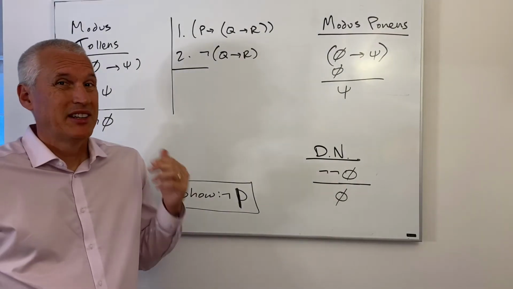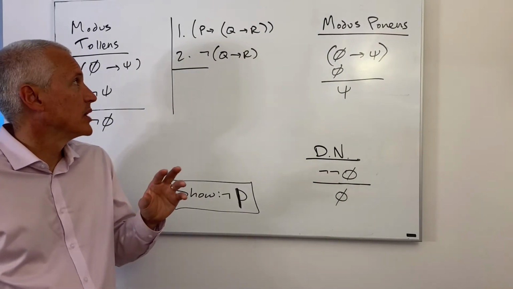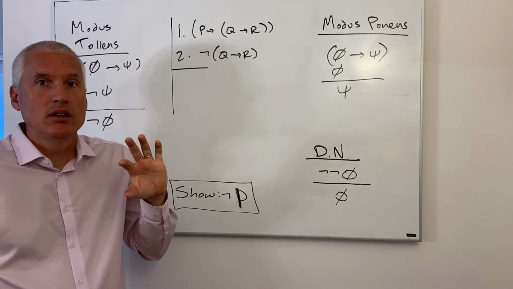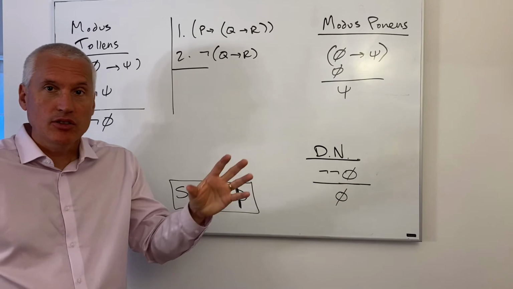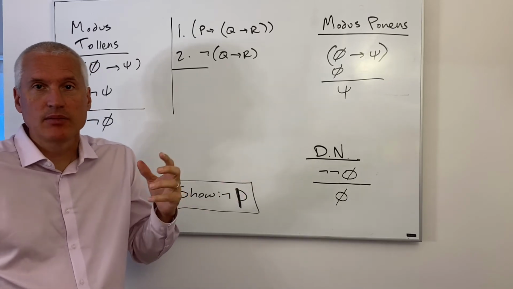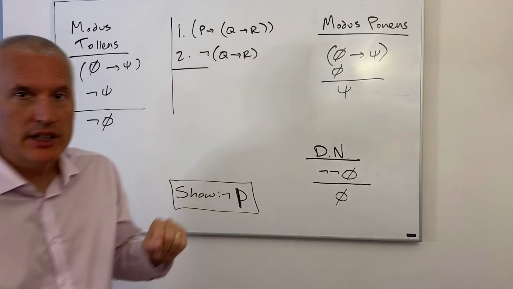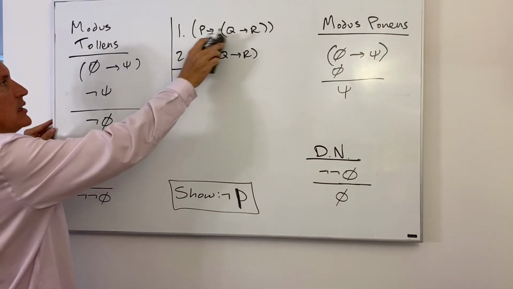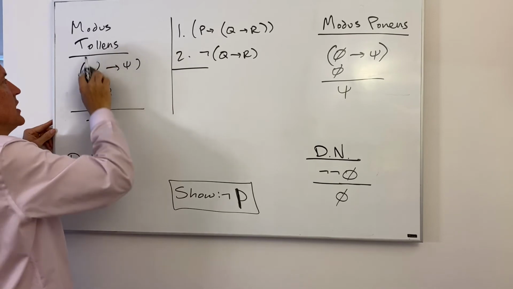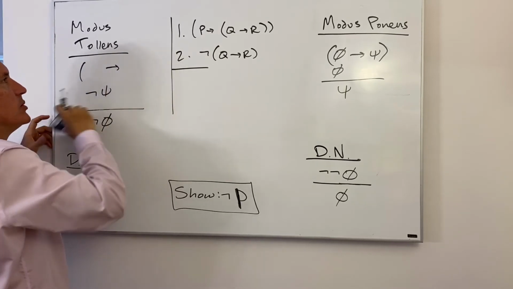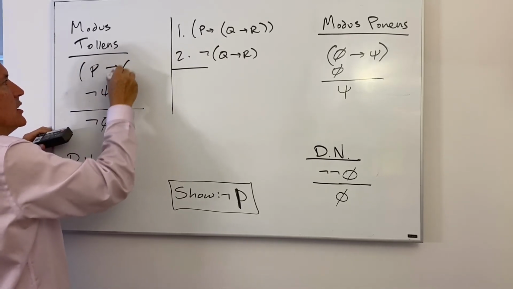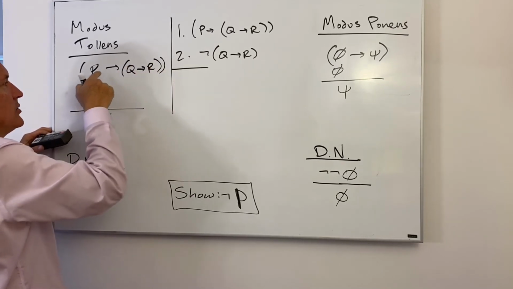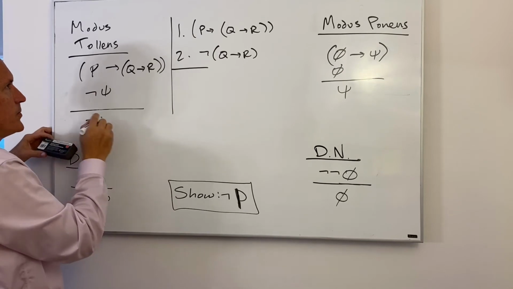Here's problem F. Very simple point being made by problem F, just to say, hey, when you're doing modus tollens, the consequent of the conditional could be complicated. That's okay. So look over here. Imagine we look at this formula and I say, under what conditions would you be able to do modus tollens on it? If I put in P for phi, I get this.